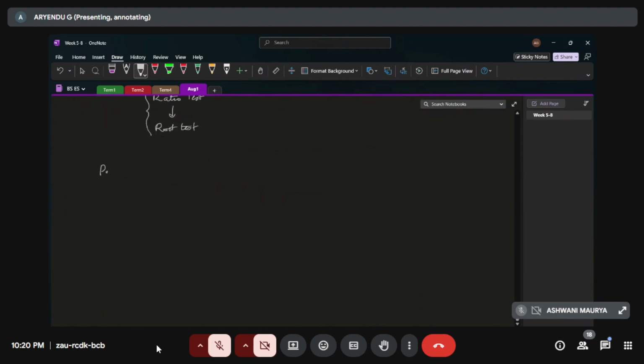So given that this is the power series, sigma a_n x to the power of n, where x is a variable, and you are asked to find the value of x such that this series converges, we can explain that with an example.